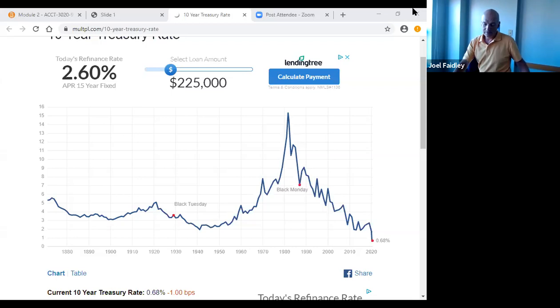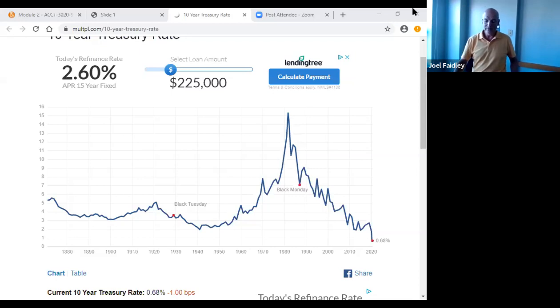Kind of bounced up back in 2018 to close to 3%. At the time, they thought it was going higher, but fooled everybody, didn't it? All the so-called experts missed it, and it's all the way down to 0.68%. Of course, we know a lot of that is because of this pandemic. But the interest rates have fallen quite a bit to under 2% prior to the pandemic that occurred and caused the Federal Reserve to lower interest rates. So that's where we are as of Friday, 0.68%, or maybe Thursday.